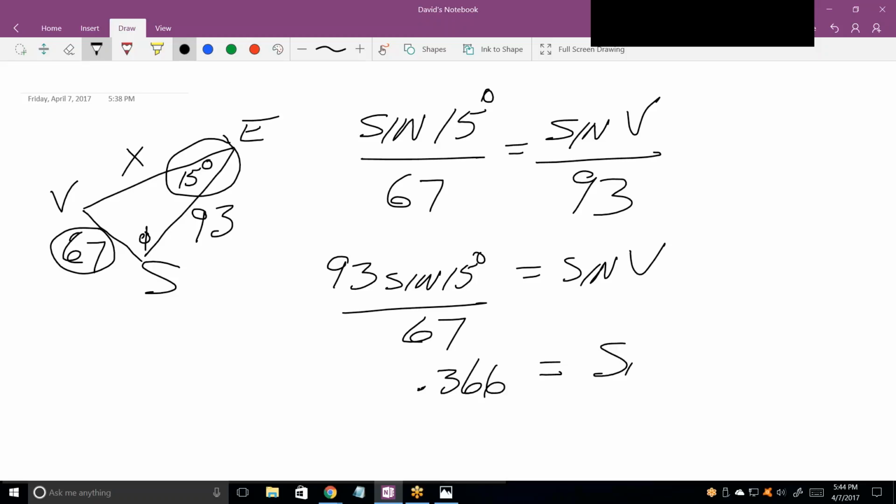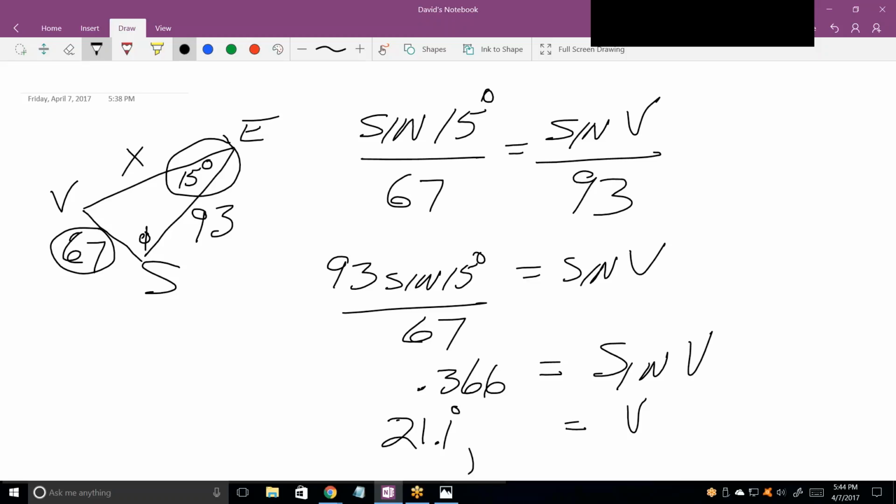Now figure out what v is. 21.1 degrees. Now here's the leap that you have to make always. Whenever you're dealing with a triangle that might be ambiguous, and anytime this angle is less than 90 degrees, it might be ambiguous.